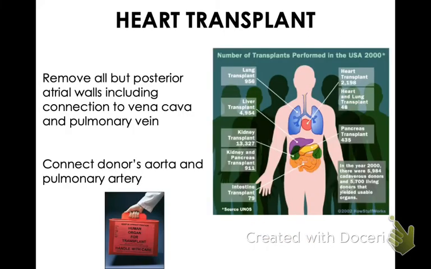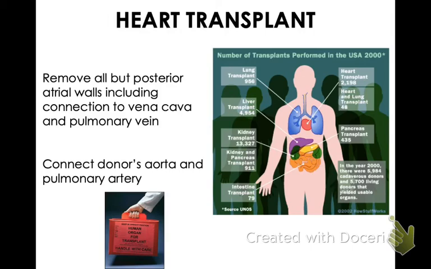Next up is heart transplant. Heart transplants are a little less common than the kidney transplants that we talked about, but more common than a lung transplant. They basically remove everything but the atrial walls.